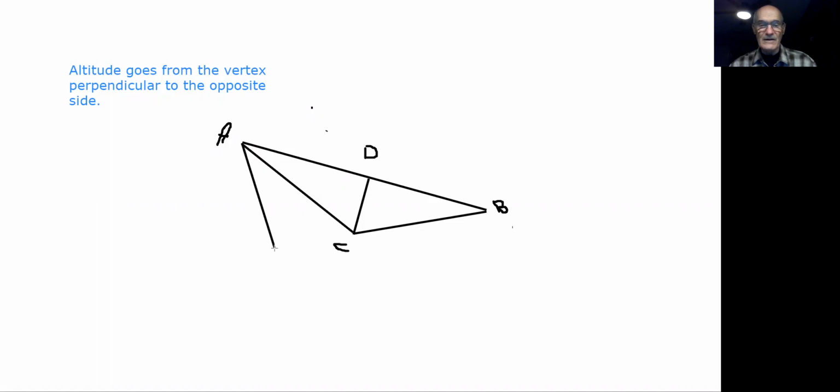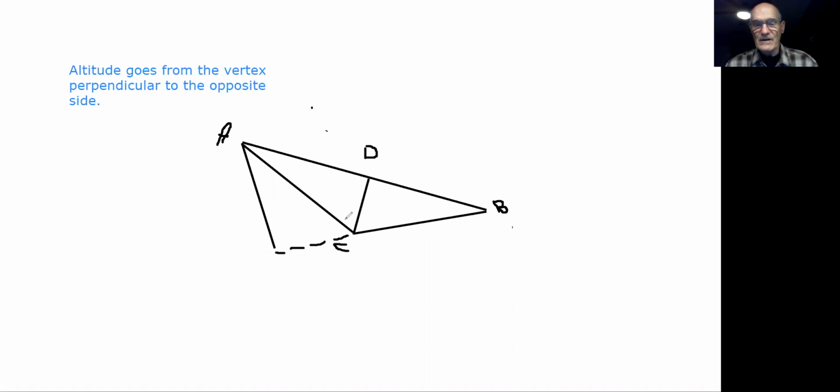So if I look at the extension of side BC here, the altitude is perpendicular to the line, or the extension of the line, which contains the side.